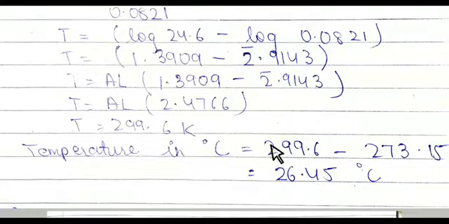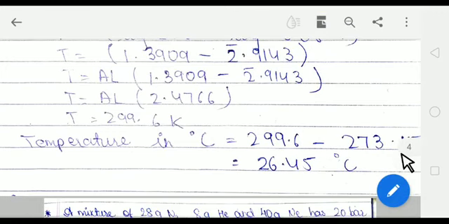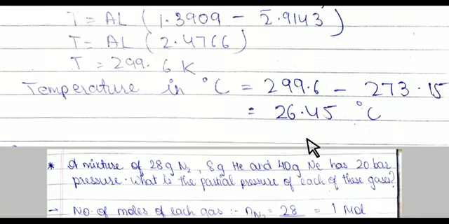The answer which we are getting here is in the Kelvin unit, but we have to find the answer in degree Celsius. So just change this Kelvin unit into degree Celsius. Subtract 273.15 from the Kelvin value. So we will get the answer in degree Celsius.